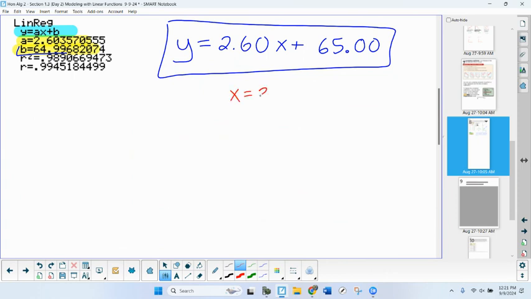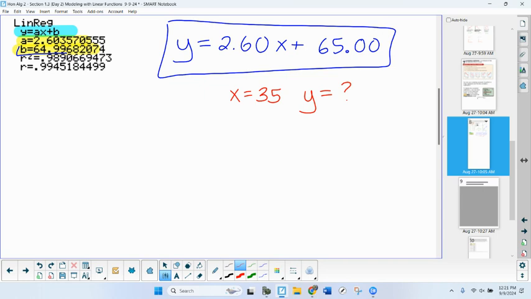They want to say when x is 35, what is y? Now, here's the thing I don't want you to do. Do not just plug this back into this blue equation that I have written. The reason why is because this is a rounded equation, and you have a $100 calculator that has the whole equation on your screen.